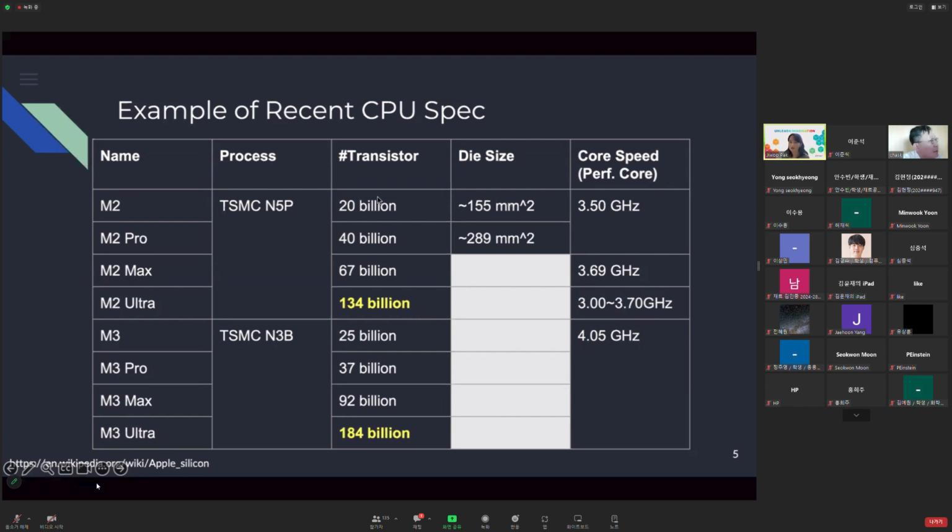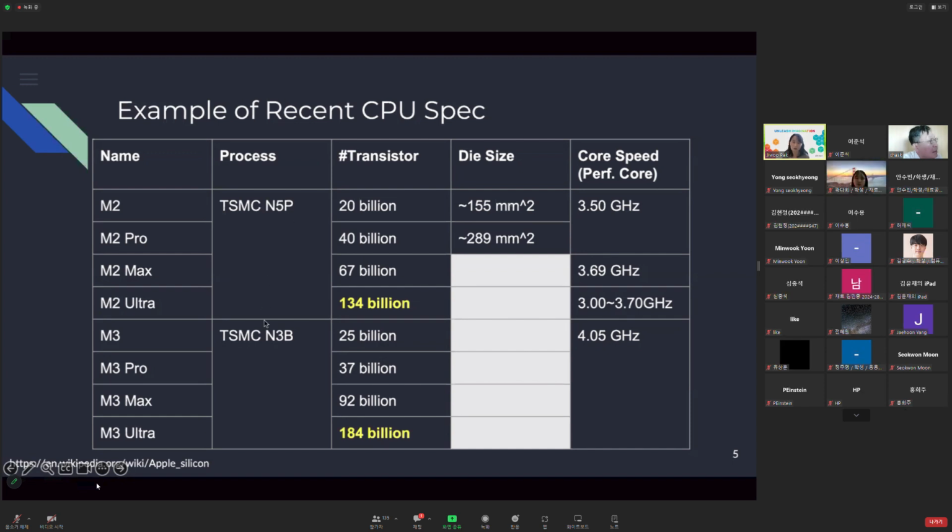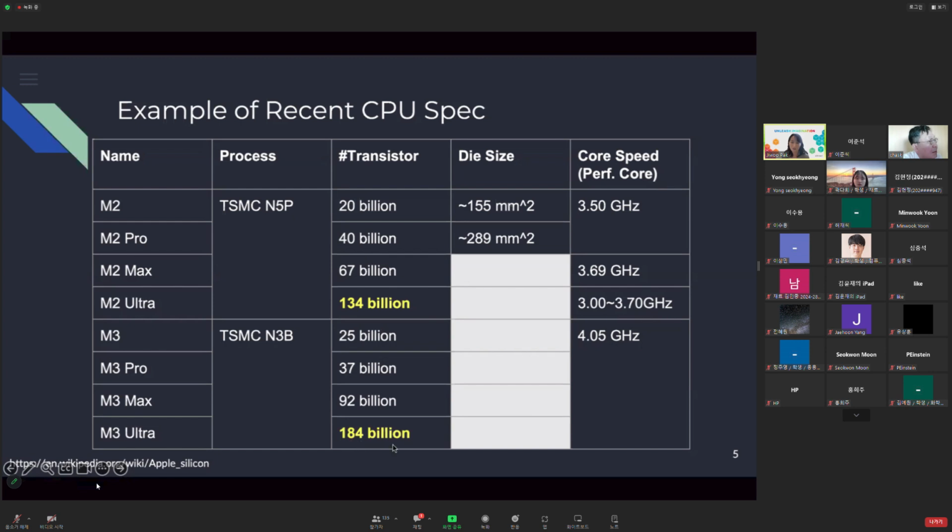That's a lot of transistors, right? And in case of M3, it's an even more advanced technology node. So the previous one was using N5, meaning the 5 nanometer technology. And this is 3 nanometer technology from TSMC. And here it could be up to 84 billion transistors. They didn't reveal the die size for those, but there was die size information for the M2 and M2 Pro.